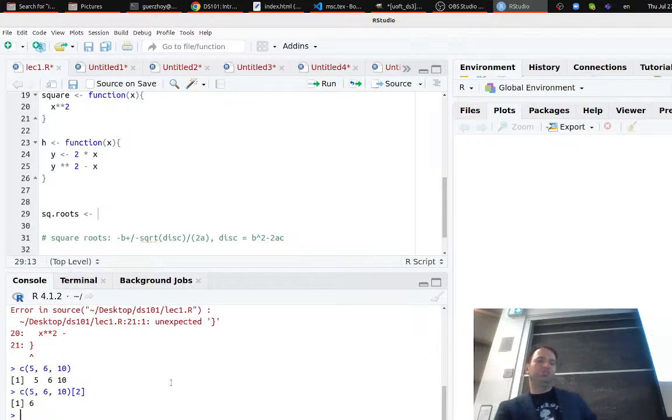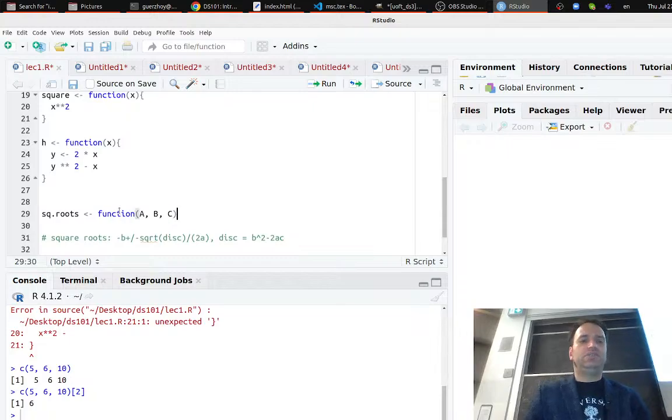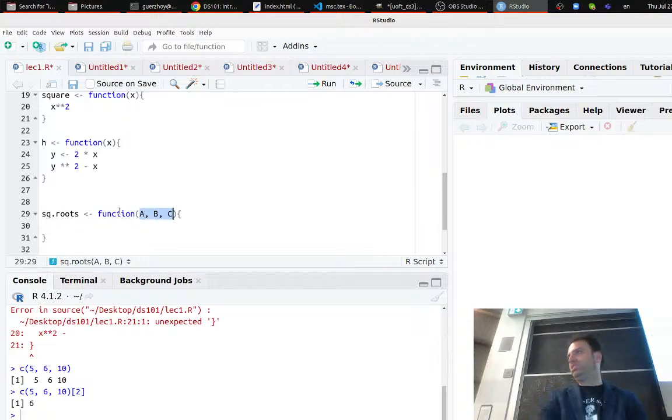Actually, I just wanted to do the square root, and because sometimes there are 2, I need a way to concatenate, right? So I'll do that. That'll take A, B, and C. Here I'm using capital letters because if I use lowercase c as a parameter, that would interfere with my using c for concatenate.